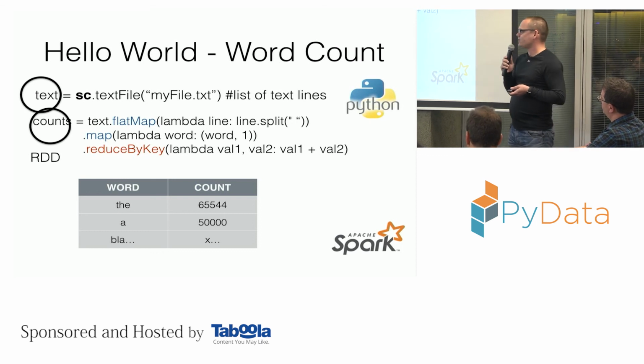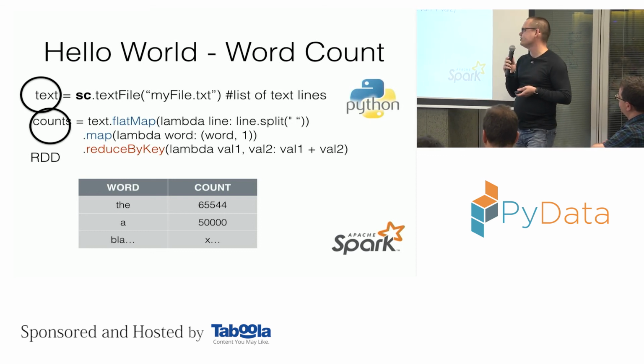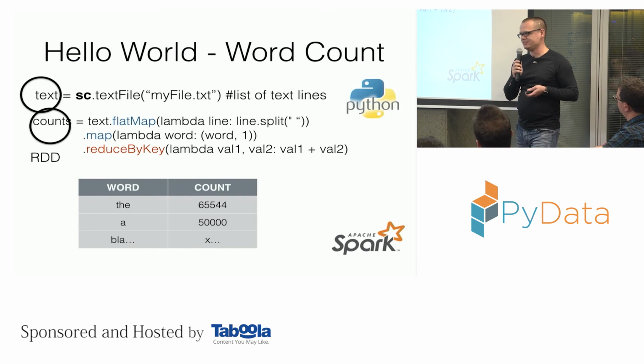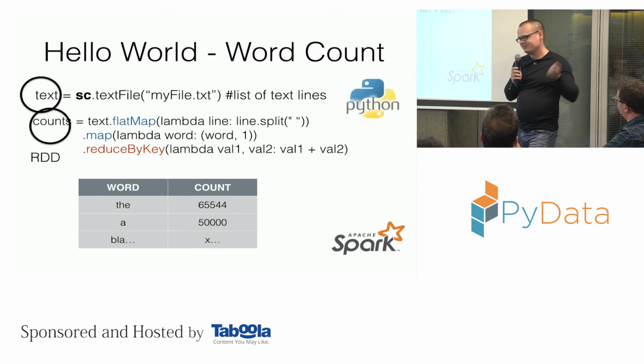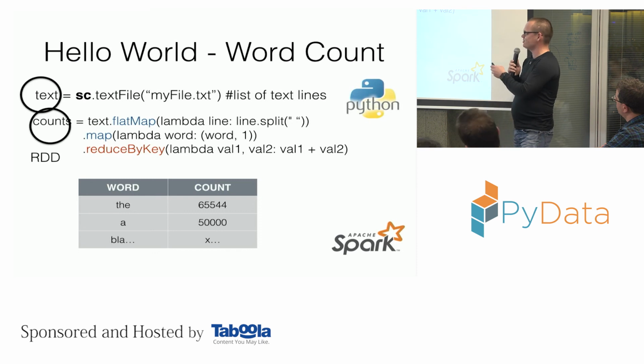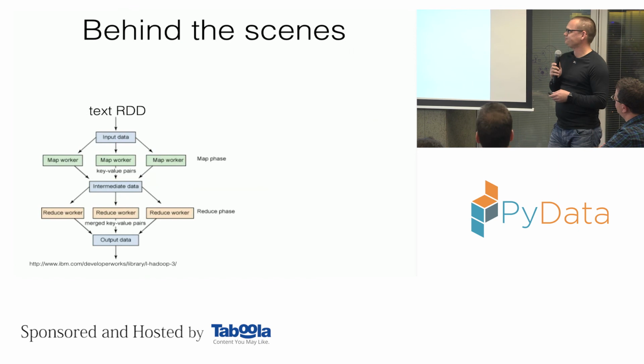And the thing about RDDs is that they are actually immutable lists, and the computation graphs on them are lazy. So you must call compute when you are ready.